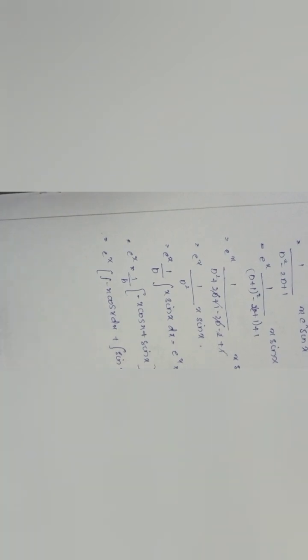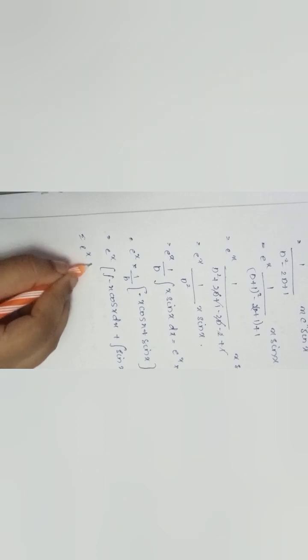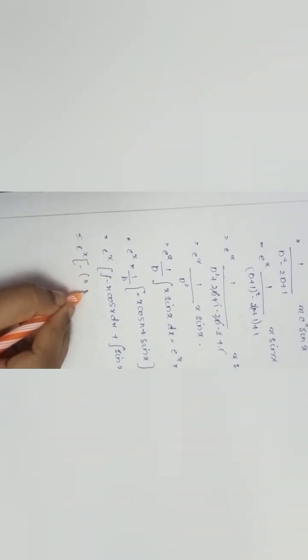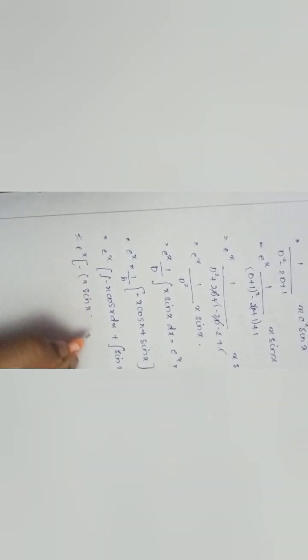Okay, that is equal to e raised to x, minus x into sin x minus integral 1 into sin x dx minus of cos x. This integral of sin x is minus cos x here. So that is equal to e raised to x, minus x sin x minus cos x, that is minus 2 cos x.